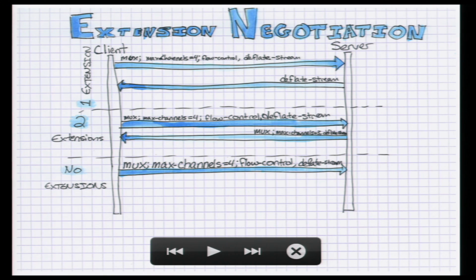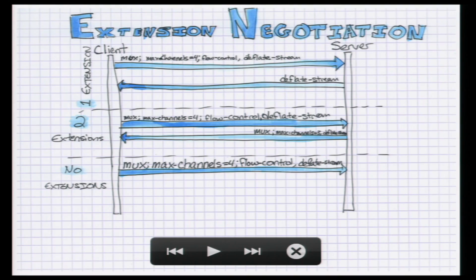And then comma, it offers a second option for an extension, which is deflate stream. In this case, the server picks deflate stream. So it picked one of the two extensions. It could have picked both. The client also could have offered mux multiple times with different options if it wanted to say, I like this set of options, or I could also do this set of options.